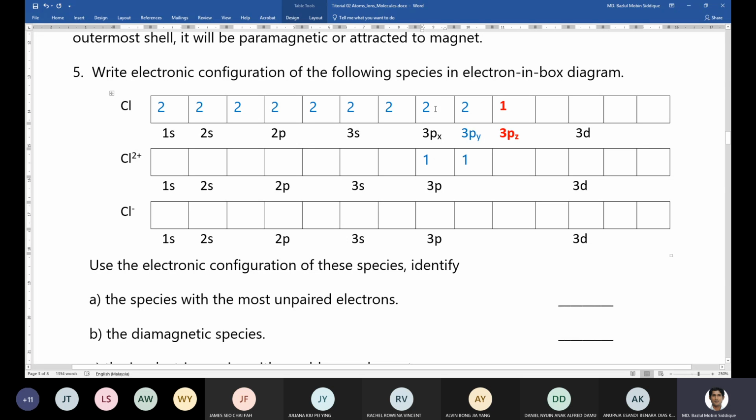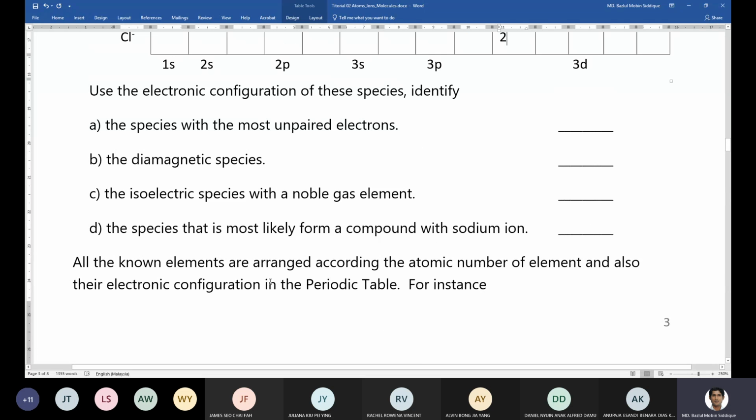It's not like first 2 coming here and then 2 again and 2, no. All 1, 1, 1, it will fill up and then the rest will come. So for negative 1, that means it is having 1 more electron. So there will be 2 electrons in 3pz as well.